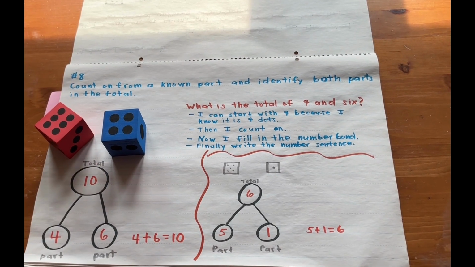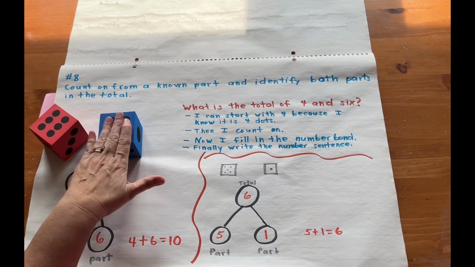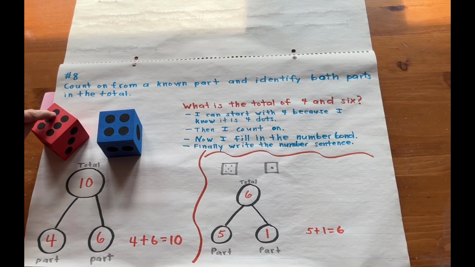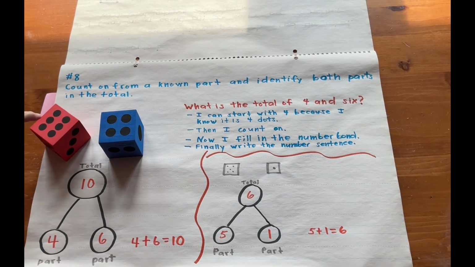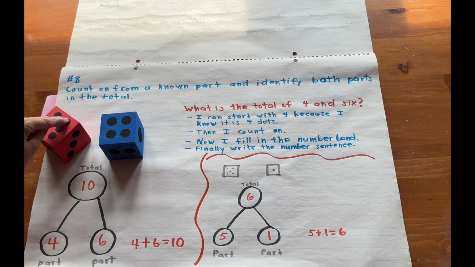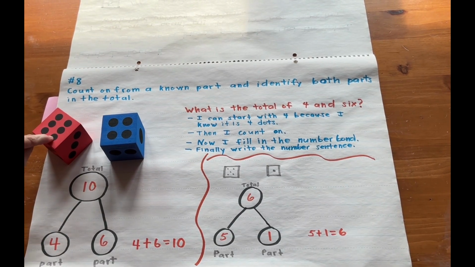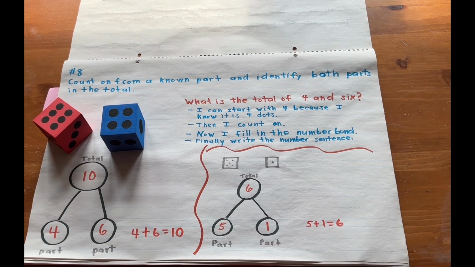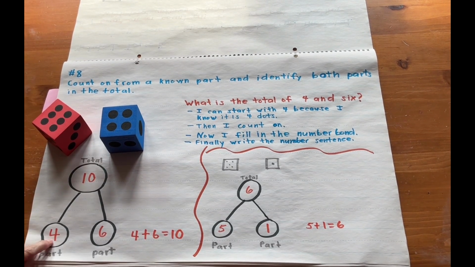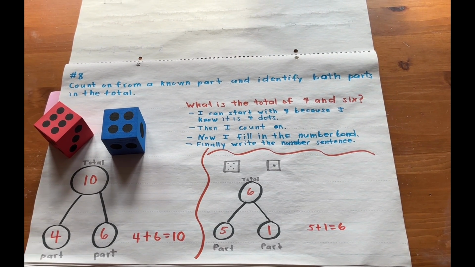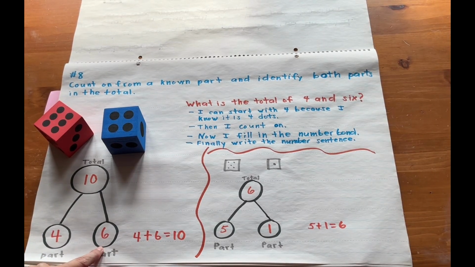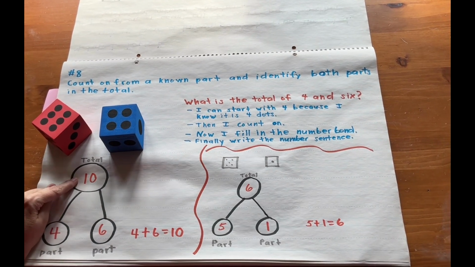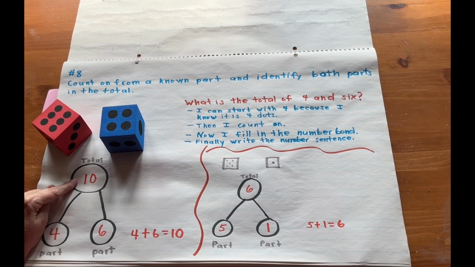Then I count on 4, 5, 6, 7, 8, 9, 10. Now I fill in the number bond. We started with part 4, part 6, and our total is 10.